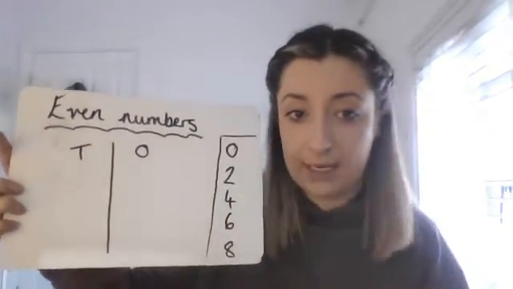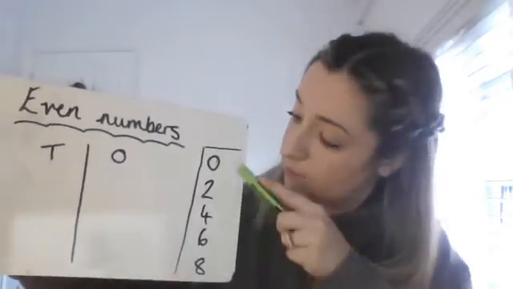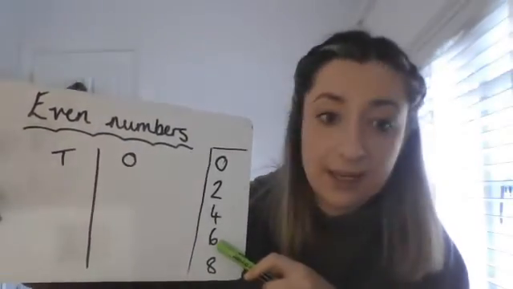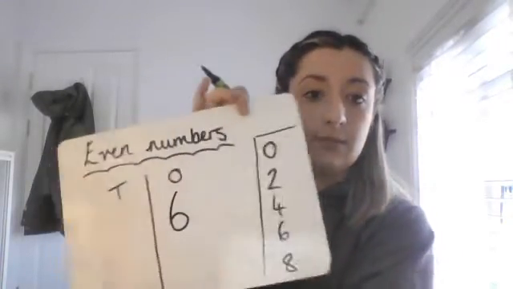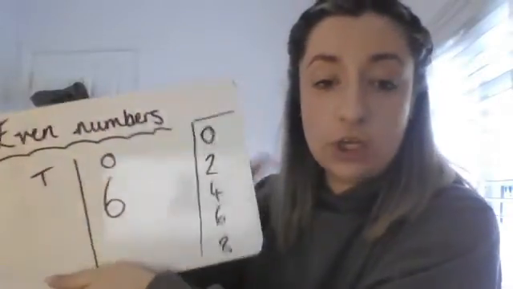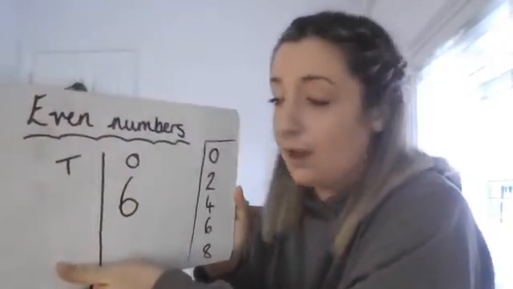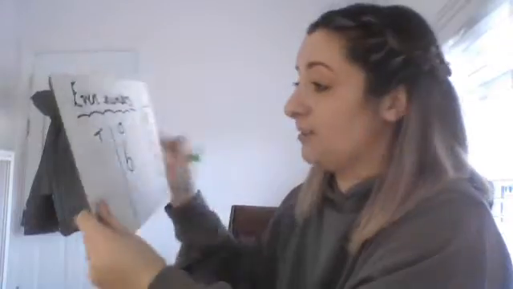So I'm going to pick a number out of all of these. I'm going to pick the number 6. And I'm going to put that in my ones column. Okay. Now in my tens column, I can have any number I like. Let's make it 36.